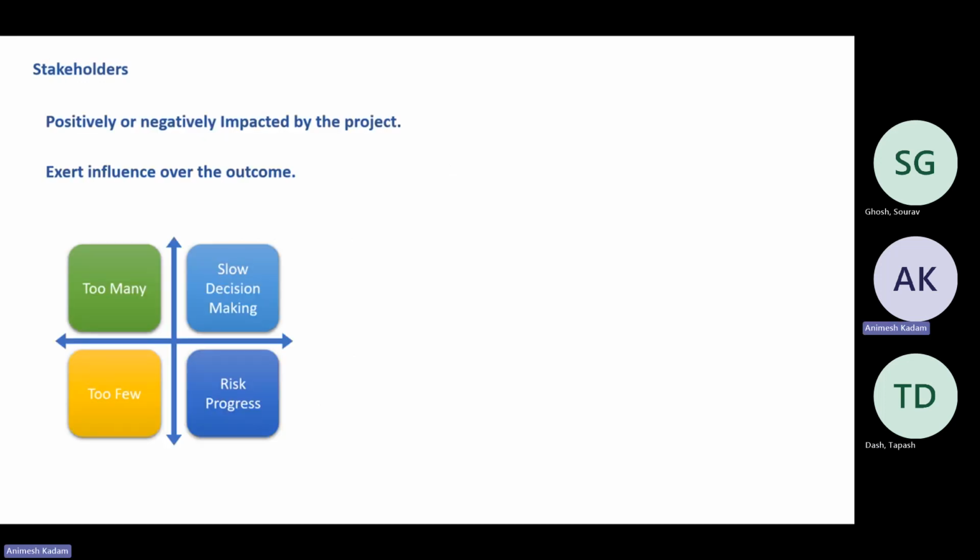Again, as I said, you really need to take into consideration all the stakeholders, right? Because all the stakeholders will impact negatively or positively. Once you start the implementation, there will always be some guy who will be an obstacle for your implementation.